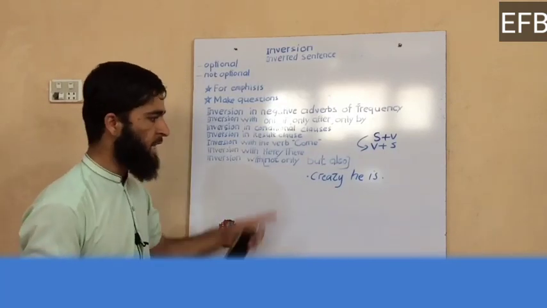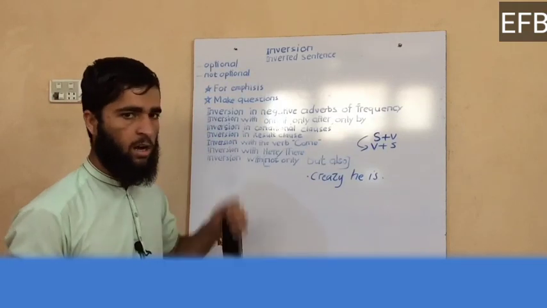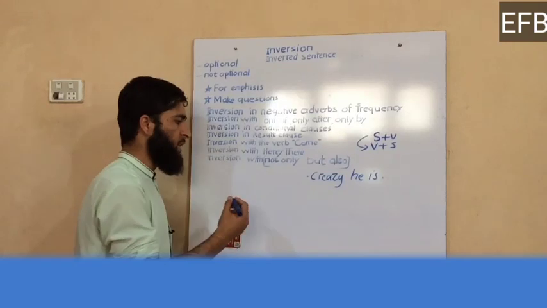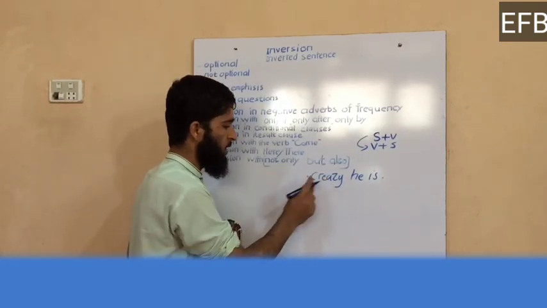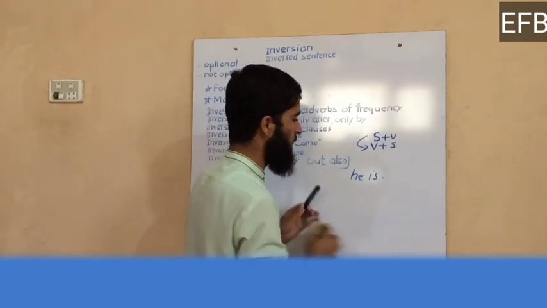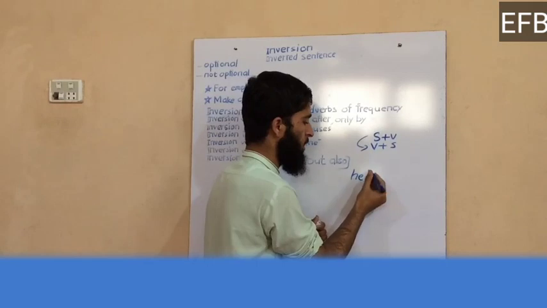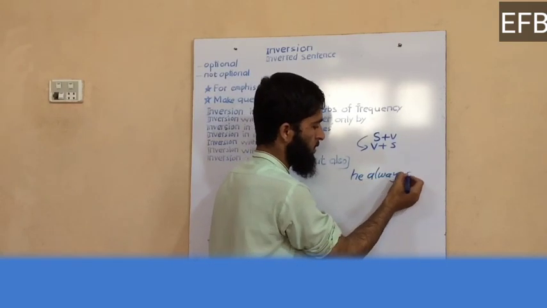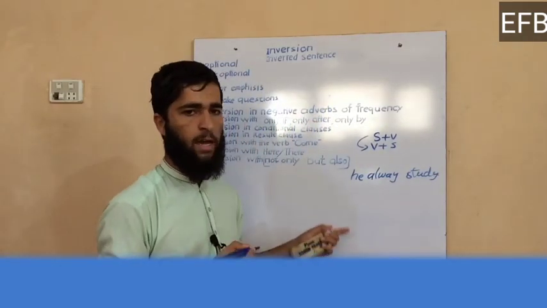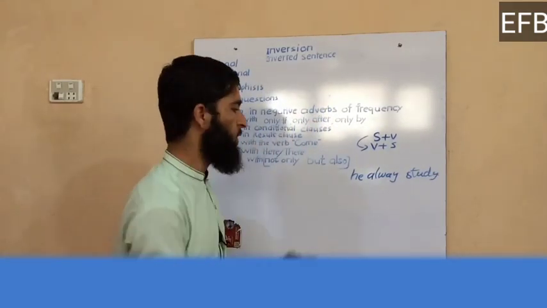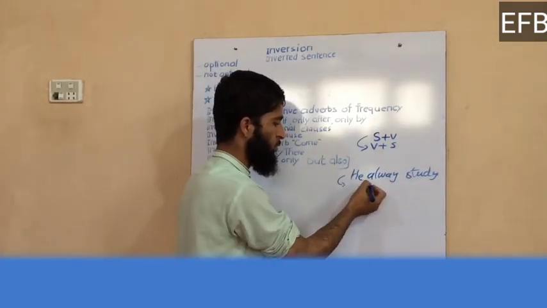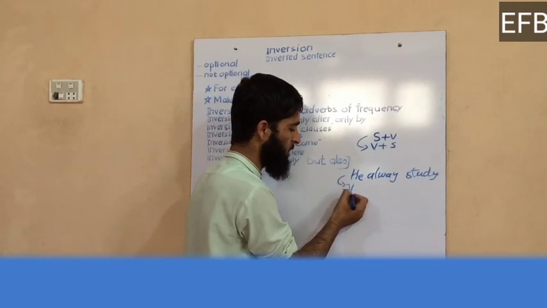It's your choice. It's optional. But not optional is something that we must apply the rule in. For example, imagine I want to make a not optional sentence. If I say "He always studies", now inversion has not been applied. If I want to use inversion and make it an inverted sentence, I would bring always at the beginning of a sentence.